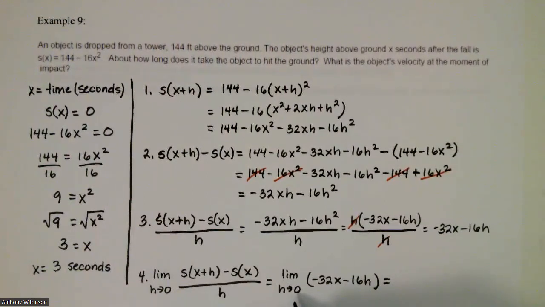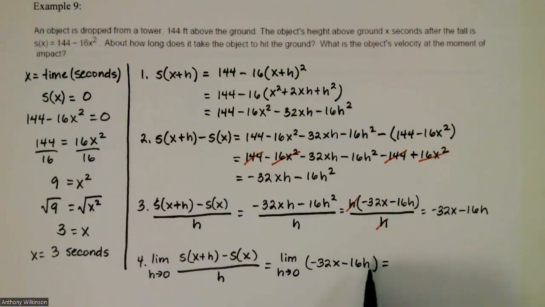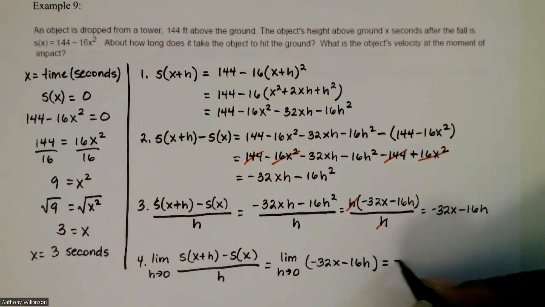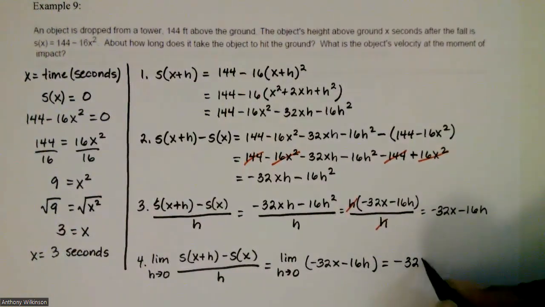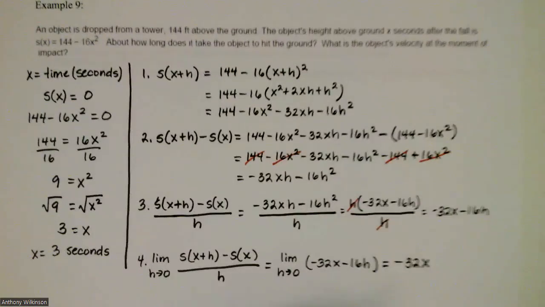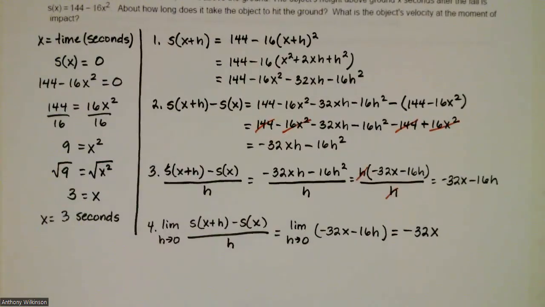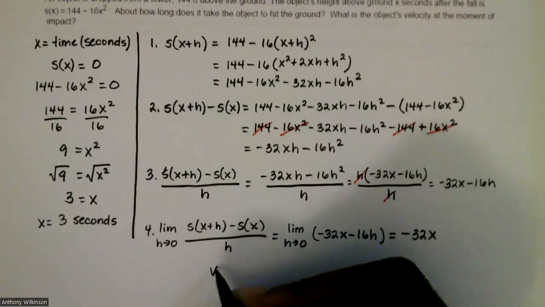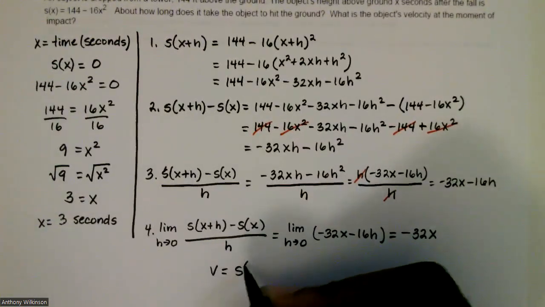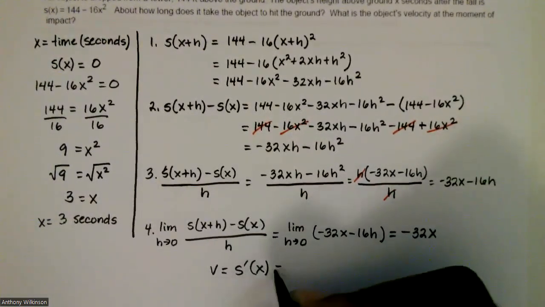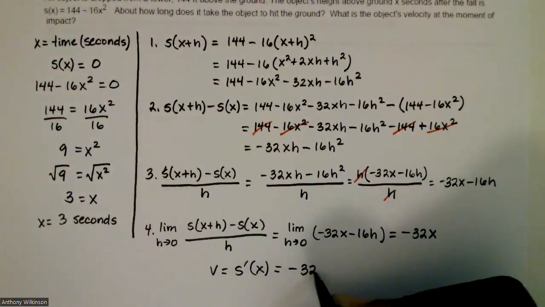Well, as h approaches 0, you can see that your minus 16h is going to 0. So you'll be left with just negative 32x. And this is the velocity. So v, your velocity function, which is actually s prime of x, is equal to negative 32x.